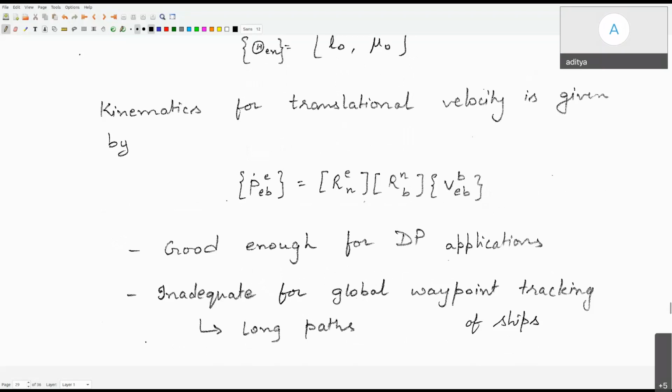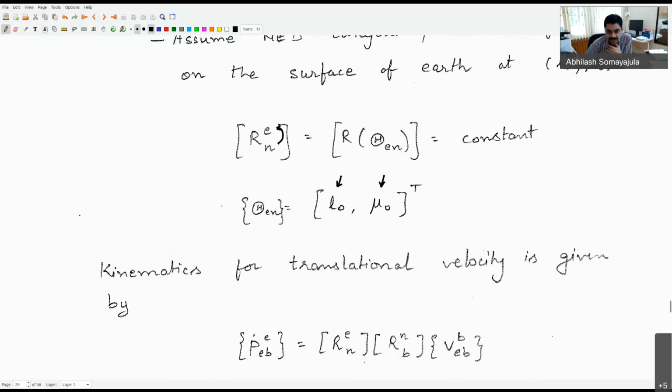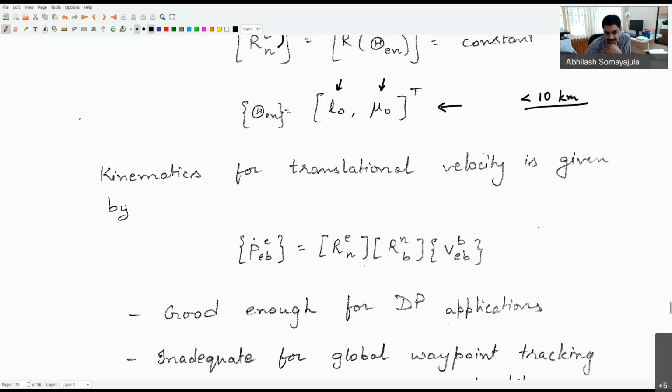Yes, we discussed this idea that if you want to really look at DP applications, it is good enough to construct this plane at a particular L0 and mu0 and formulate the tangent plane at that point. And if the distances moved by the vessel are less than 10 kilometers from this point, then this approximation is valid and we can put them into the flat Earth coordinate system.